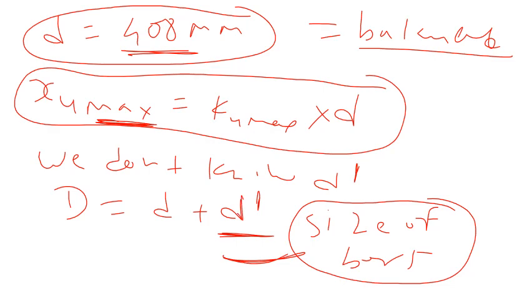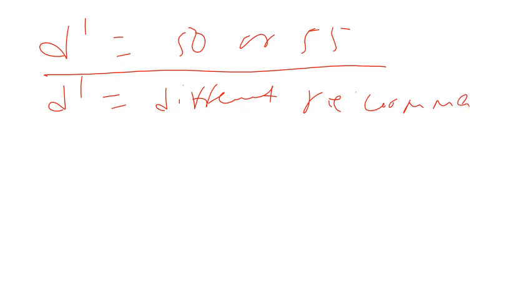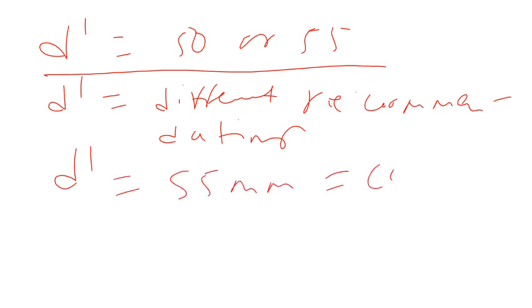Definitely this d dash or the cover should be more than the size of the bars, so we are not going into details, but right now we are assuming this d dash equal to 50, or you can assume 55 also. Generally there are recommendations for assuming d dash. Different recommendations are there, or different considerations are required. So right now, for this formula, we are assuming d dash as 55 millimeter, that is cover.